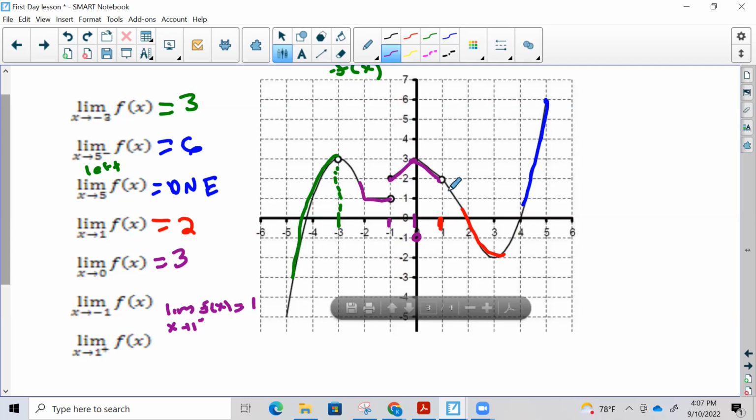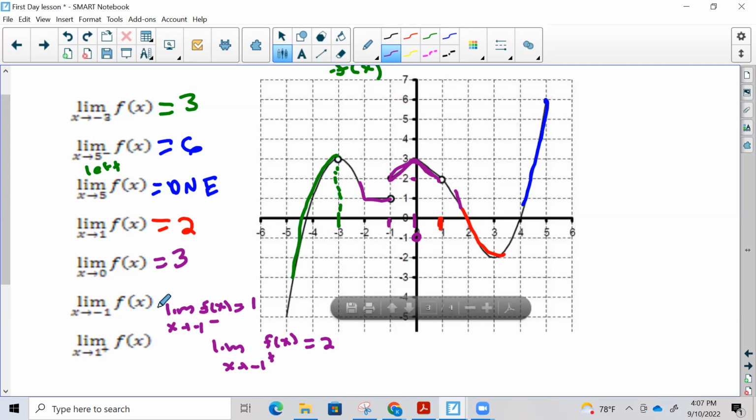But if I come the other way and trace it, the limit as x approaches -1 from the right is approaching this y value of 2.